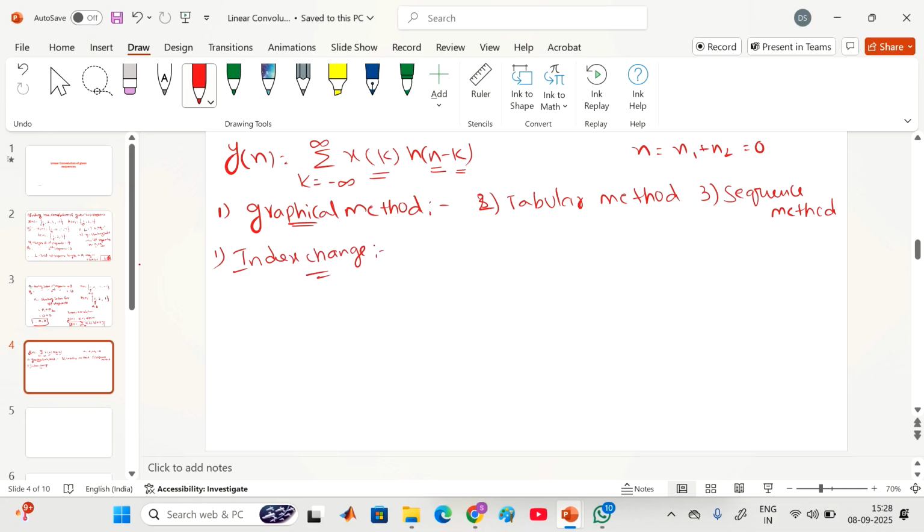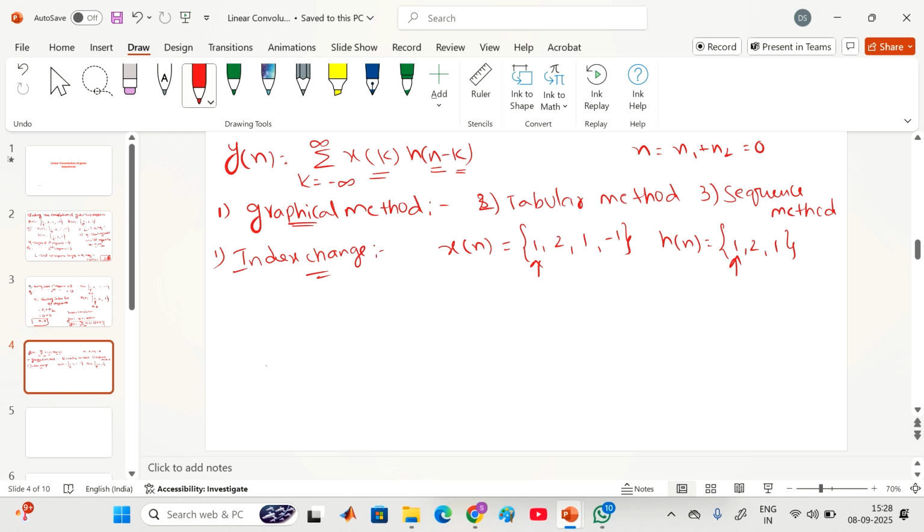In the given sequence we have x of n, that is 1, 2, 1, minus 1, and h of n, that is 1, 2, 1. Now change the index n to k, then draw it graphically.